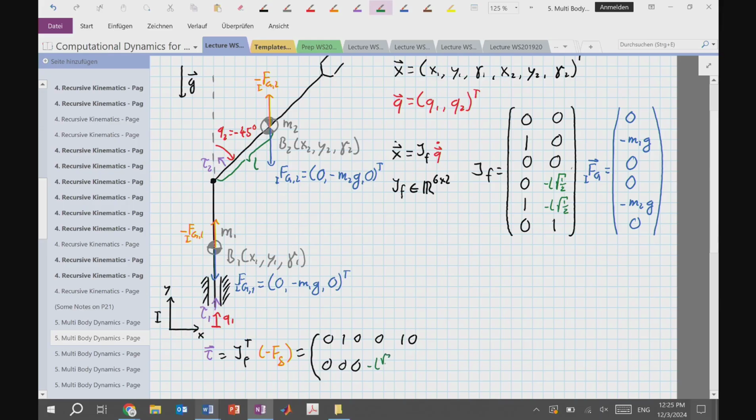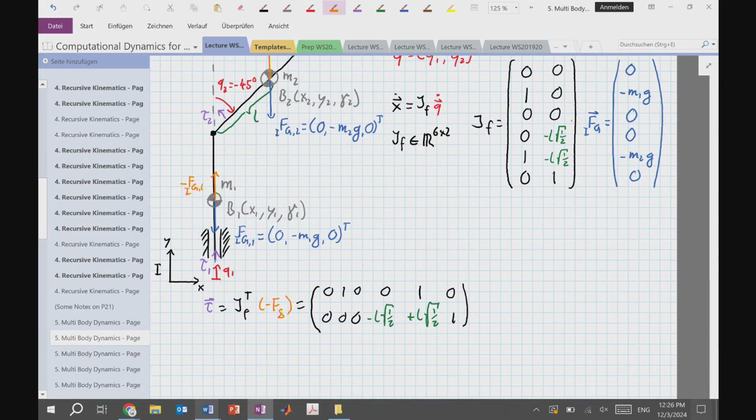I have here my lever arms, minus L1 over 2, plus L square root 1 over 2. And here I had a 1, and then just to match this in the top row, sorry, there's a 1. That now gets multiplied with minus Fg, so 0, m1 times g, 0, 0, m2 times g, 0.